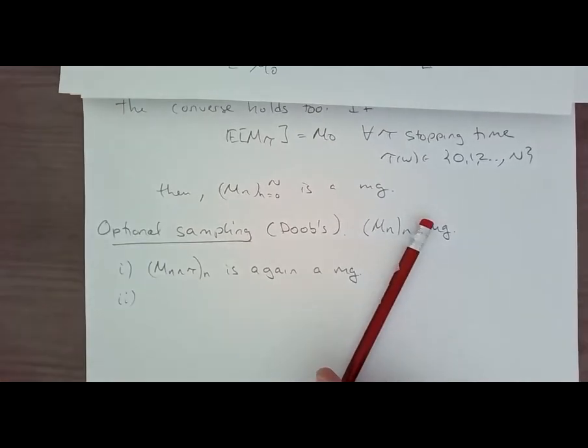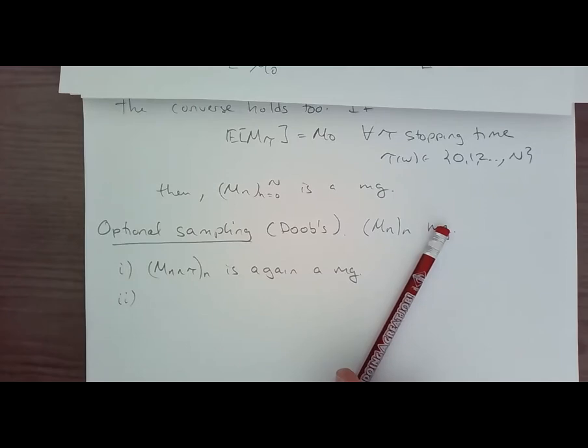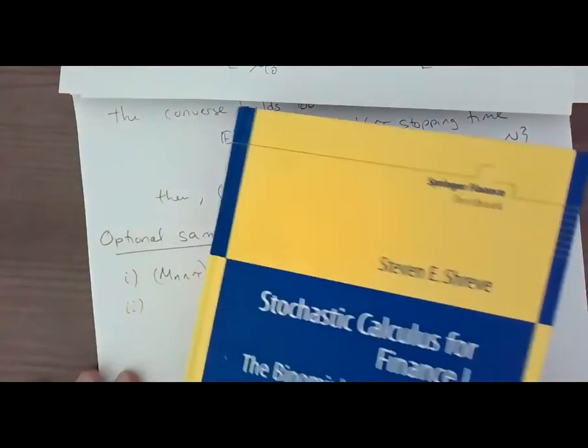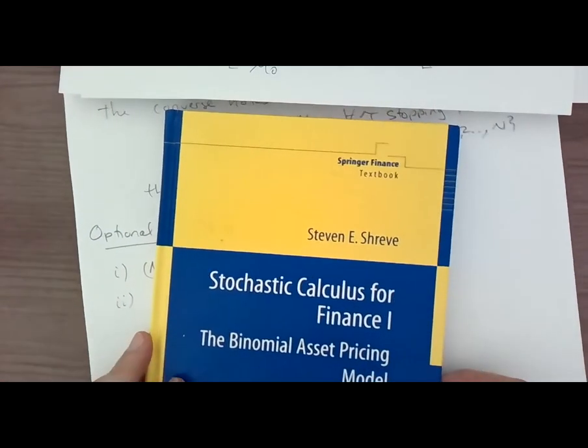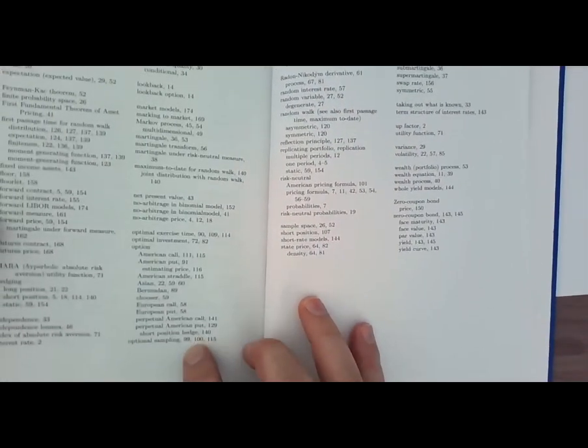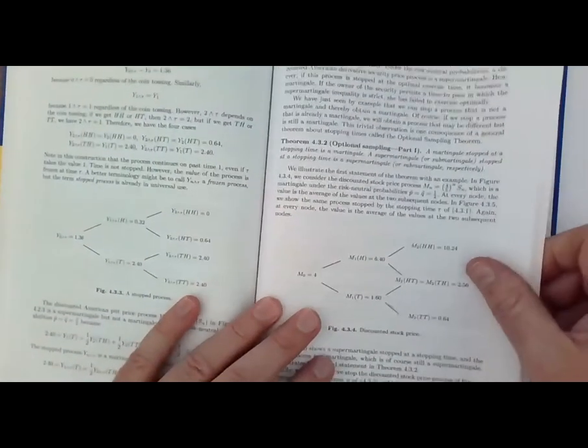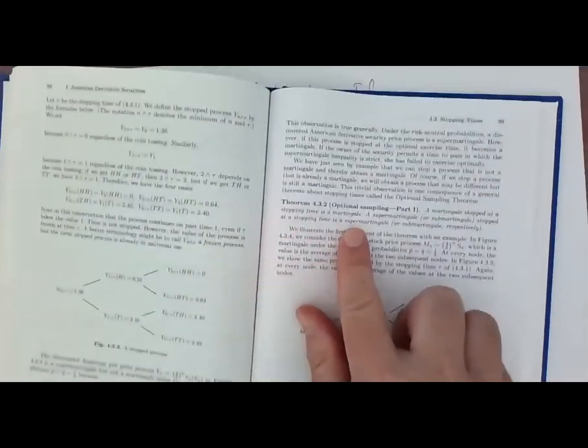Let me show you where you can read more about this. We're in the first chapter of Stochastic Calculus for Finance. If you look up Doob's optional sampling, it's down here at the very bottom, at page 99, 100. So this is what he means here.